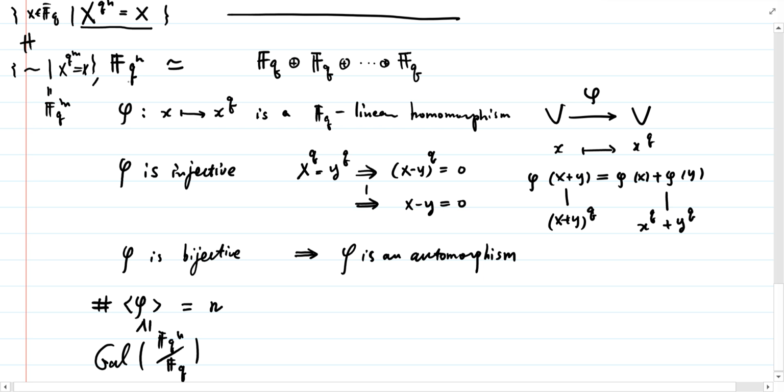So it has order q^n, and we know the dimension of this is n, because as a vector space it is an n-dimensional vector space, so it must be the same.